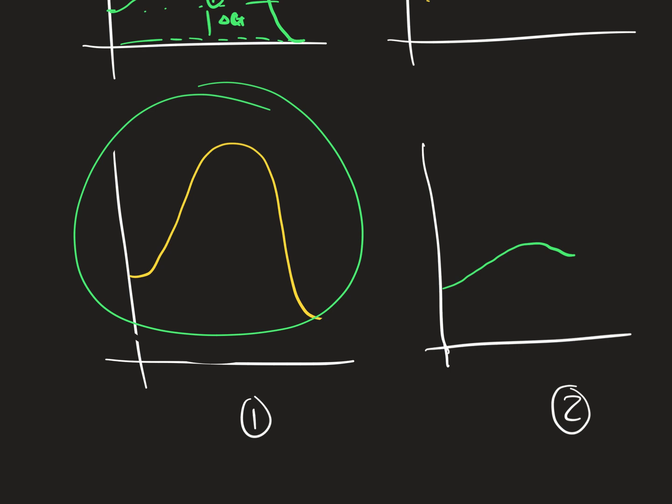So did anyone draw it lower than that? Yeah, and that's okay. It's just all relative. So if I draw something like this, that's going to take longer than this one still, right? Okay. We good?